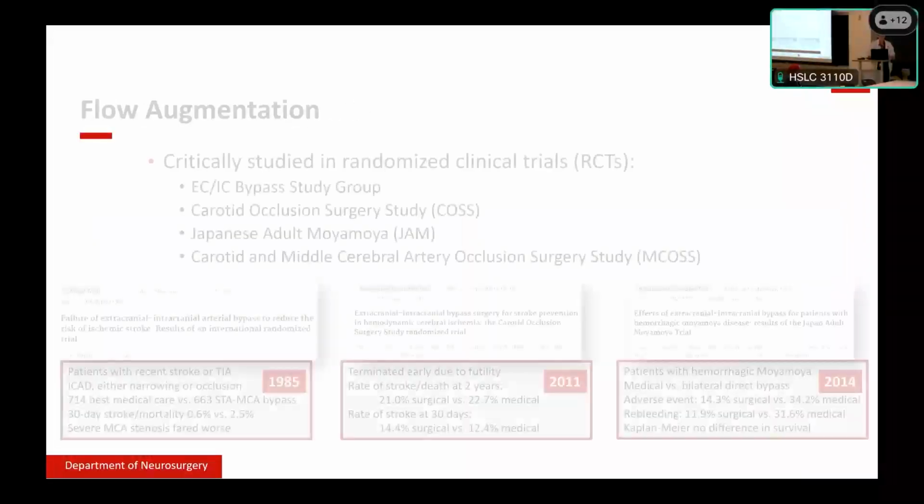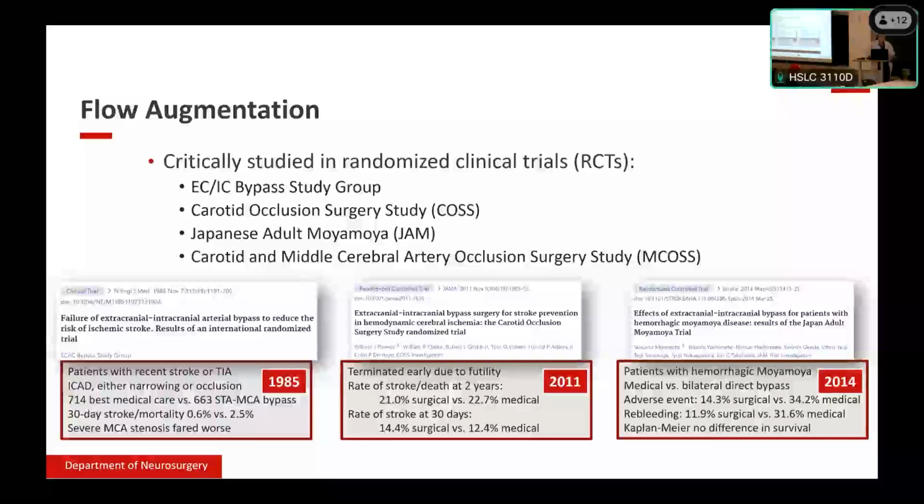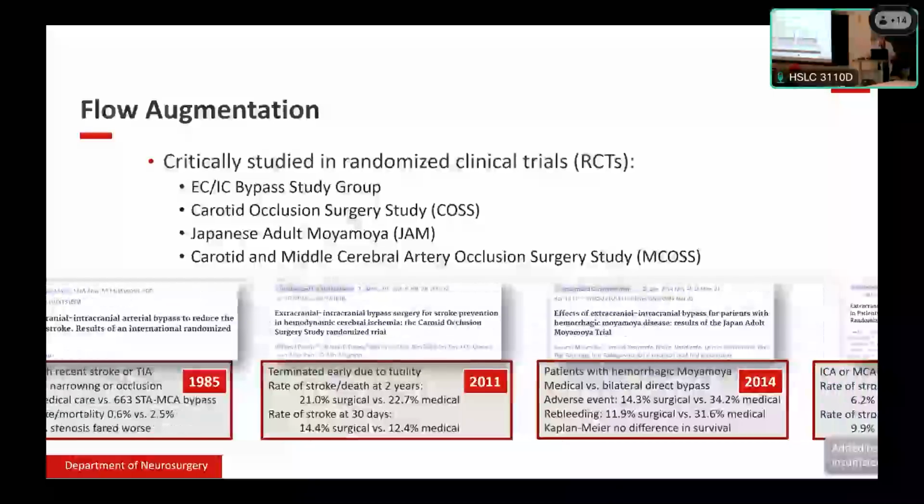So in flow augmentation, this has been studied in a few randomized clinical trials that you are most likely familiar with at this point, including the EC-IC bypass study group, COSS, the Japanese Adult Moyamoya study, and then most recently is the Carotid and Middle Cerebral Artery Occlusion Study.